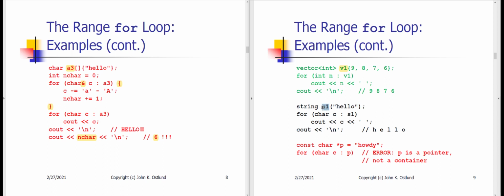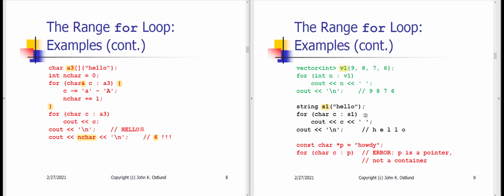Here, S1 is a string object. I'm initializing it with a string literal hello. Now, a string object does not have a null character at the end of the sequence of characters, and in this case the size or the length of S1 is just going to be 5.